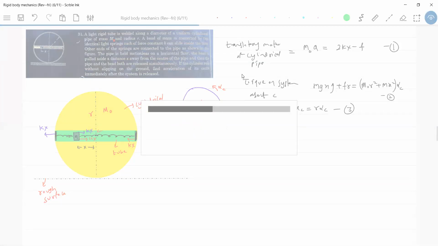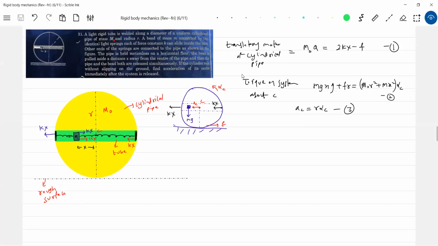You have to solve equations 1, 2, 3. I'll write down the answer.